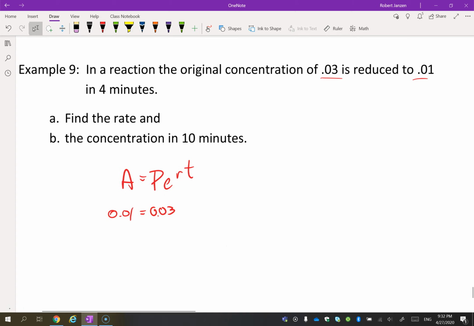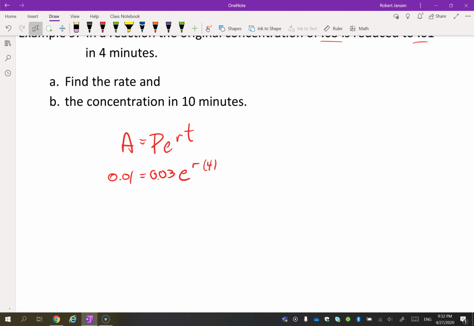And we're supposed to find the rate. So we don't know R. We know that this happened in 4 minutes. So how do we solve for R? Well, we've seen these kinds of questions. You're first going to divide by 0.03 on both sides.